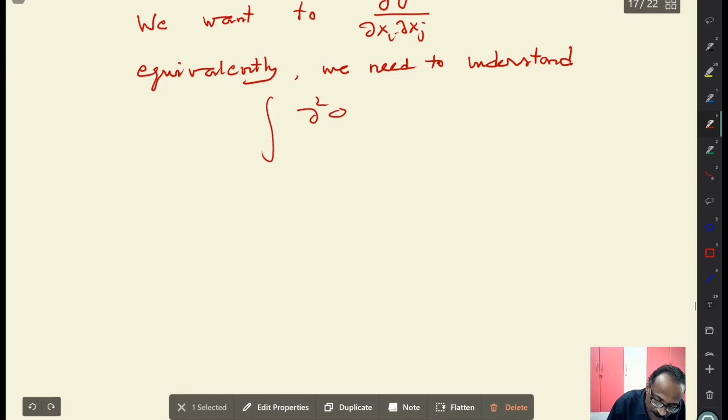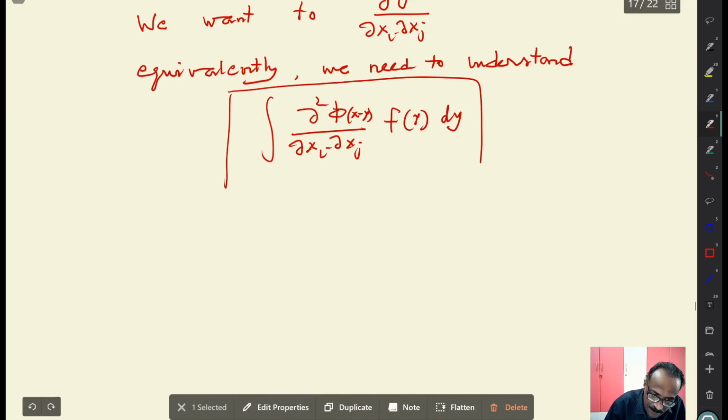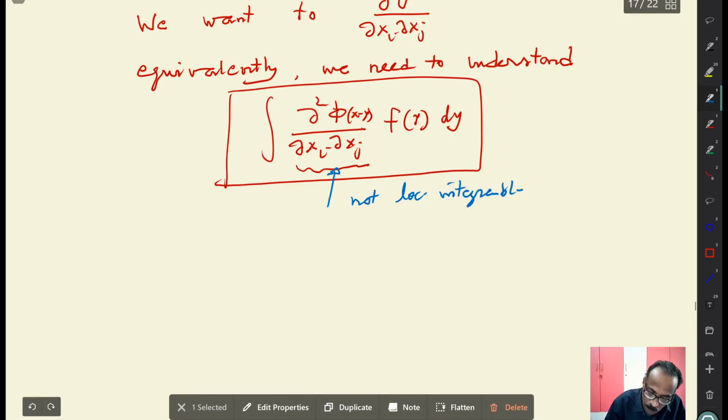That is, the integral of d square phi by dxi dxj of x minus y times f of y dy. This is what we want to understand. But if you use this, f is not locally integrable, which implies the integral is not meaningful, not well defined.